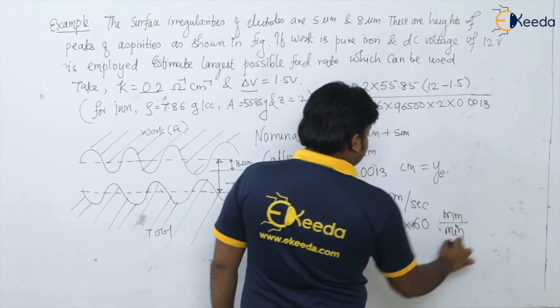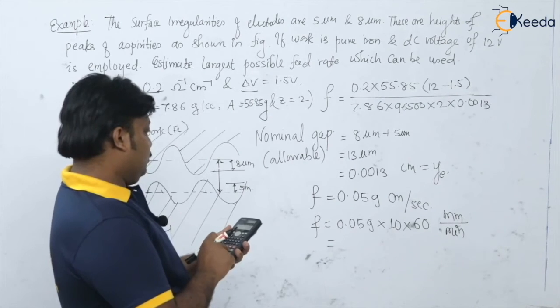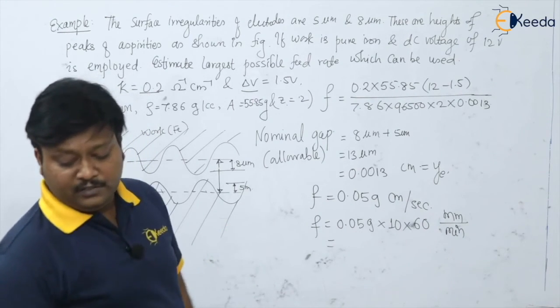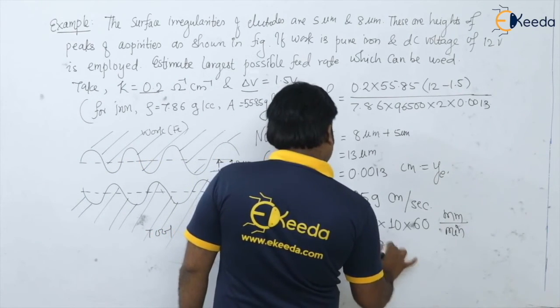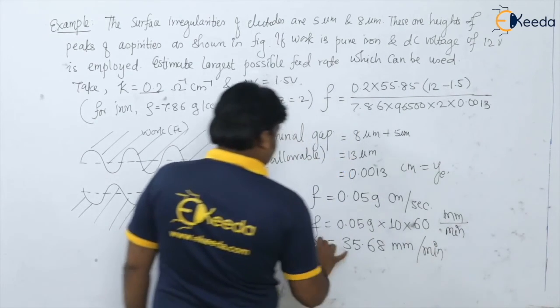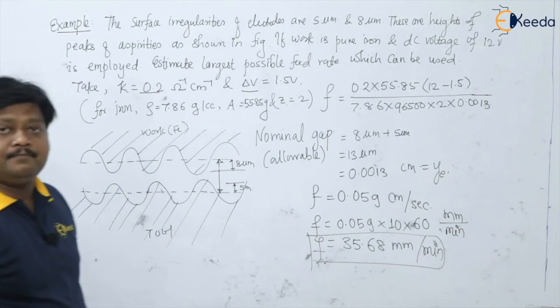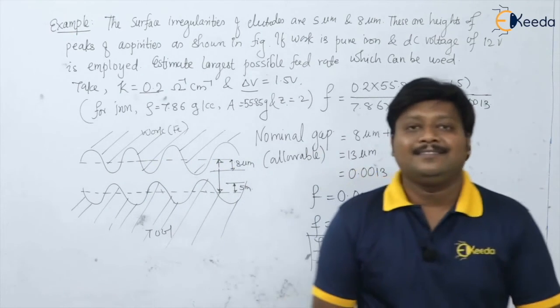So this will be the feed rate if they are asking mm per minute. So how much is it? 0.059 into 60 into 10 is 35.68 mm per minute. So this will be the feed rate. Very simple. See how we have done it. Thank you so much.